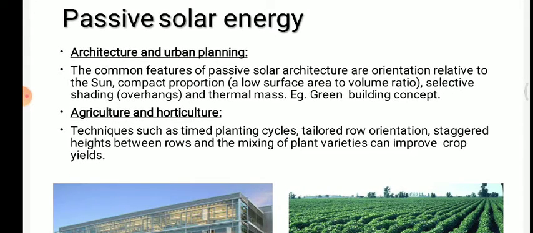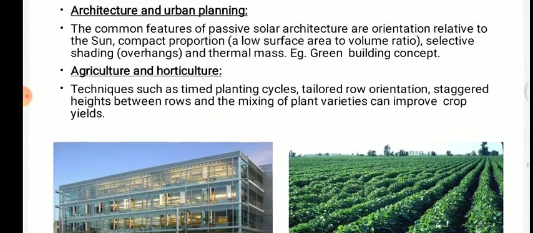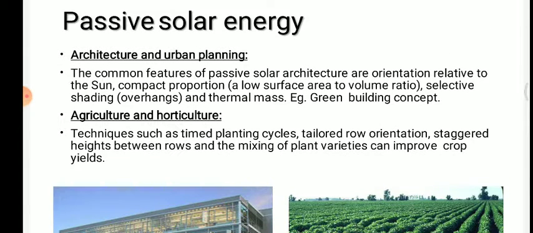For example, the green building concept. In the right hand side picture, a green area we can build up. So these are the passive applications, on the basis of architectural orientations.